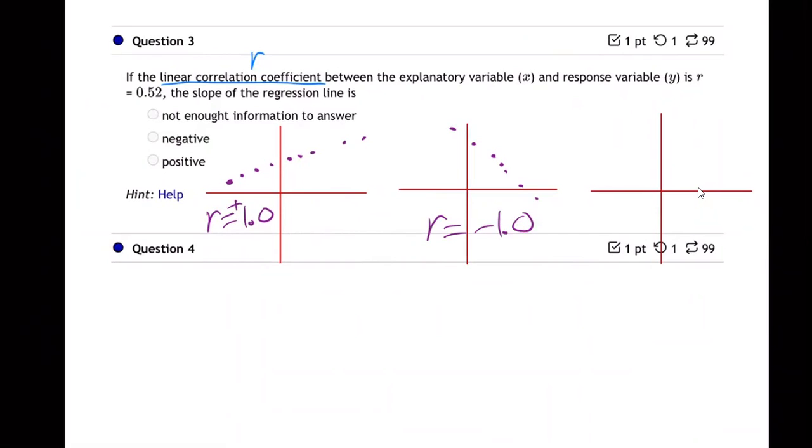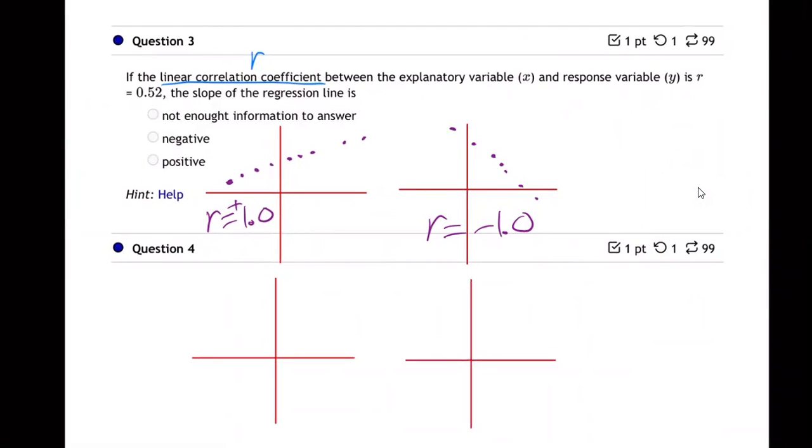Okay. If the dots kind of go up in the positive direction, but they're sort of mixed.